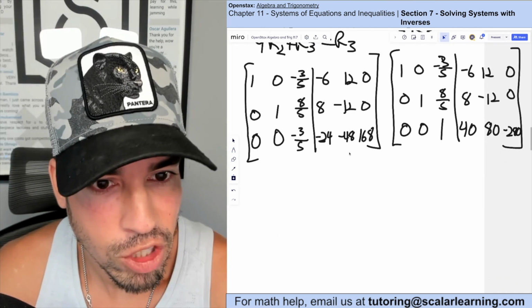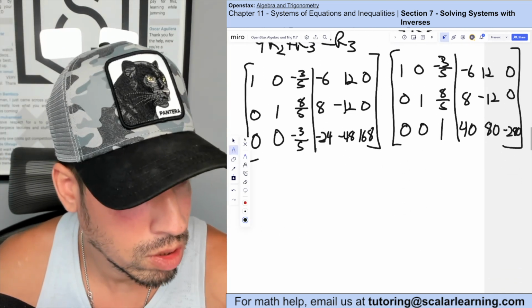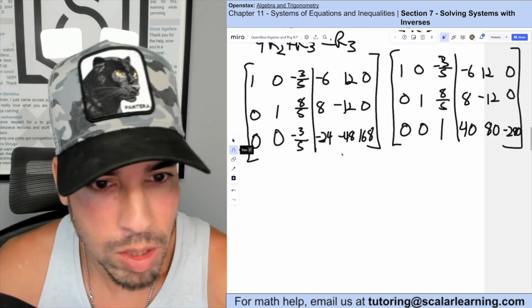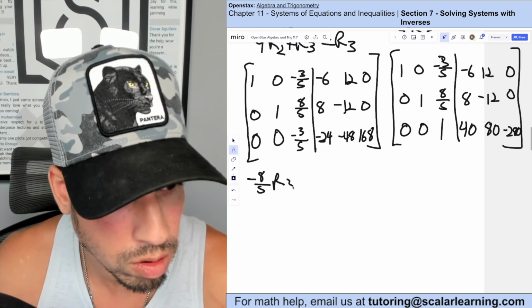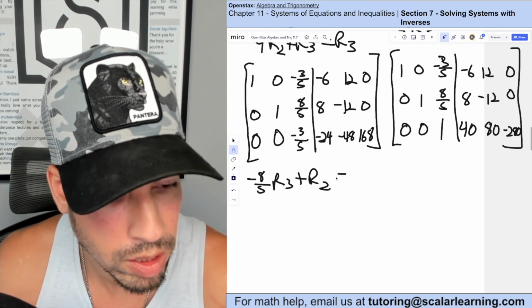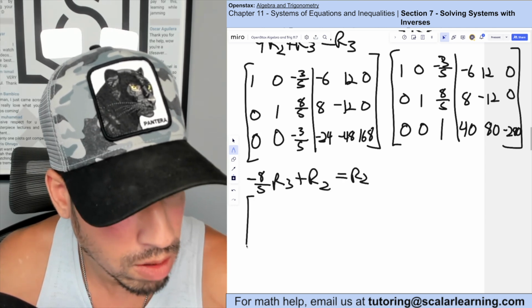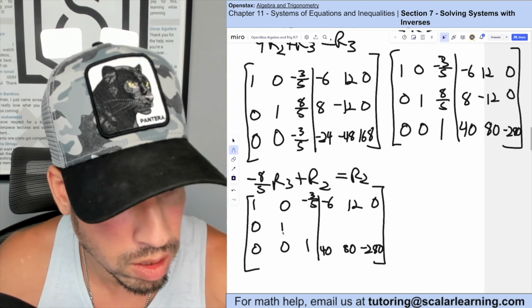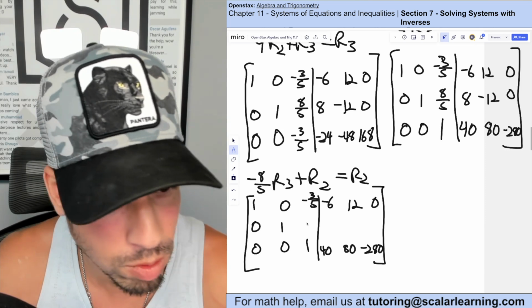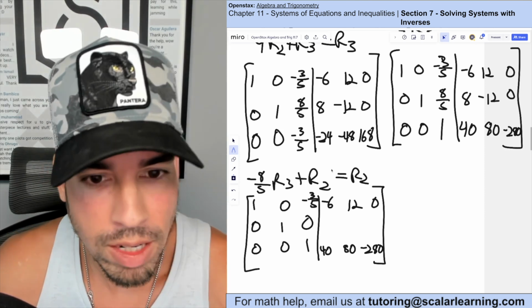All right, great. Now we just got to flip those two to zeros. First, let's flip the middle one. So we're going to do negative 8/5 times row 3 plus row 2 equals a new row 2. Let's write it out. So we got that times 0 is 0 plus 0 is 0. That times 0 is 0 plus 1 is 1 times 1 is negative 8/5 plus 8/5 is 0. Okay, now we got these ones.